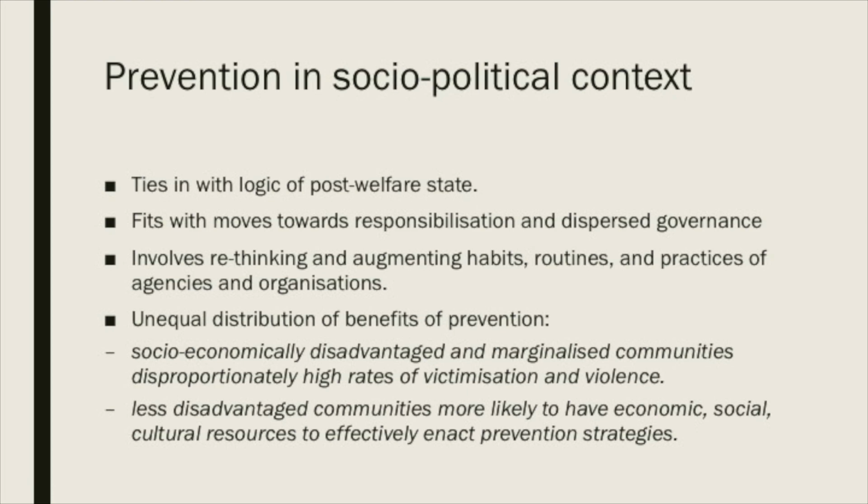Now, again, we don't need to go into too much detail about that this week, but it is about raising our own awareness when we're thinking about the idea of crime prevention that it's not just this simple, straightforward set of techniques or strategies, but that there is this sociological component to it, that there's a political component to it, and that it needs to be understood in its context.